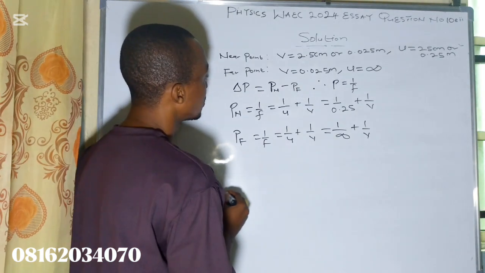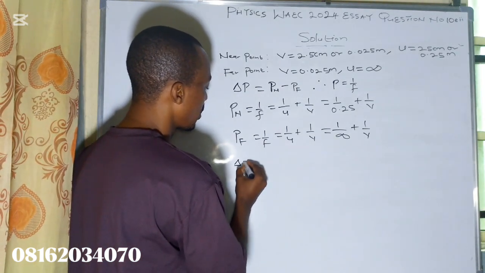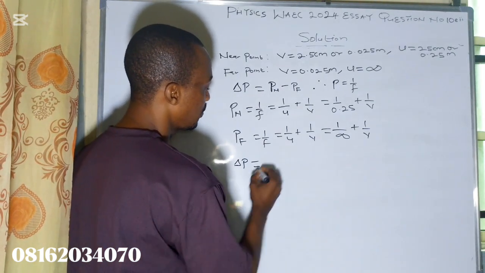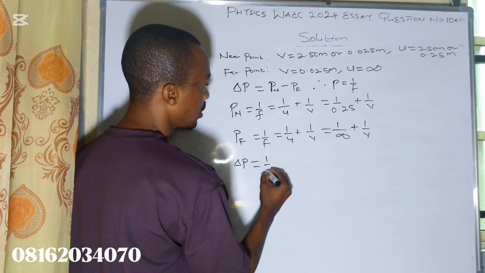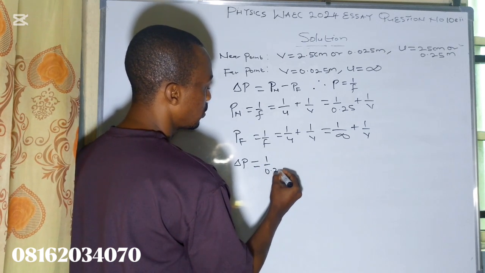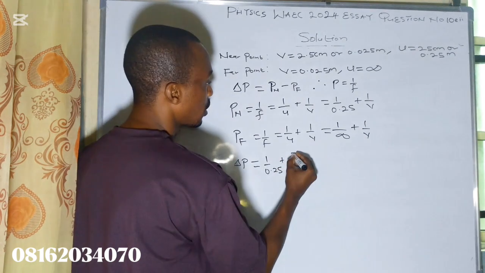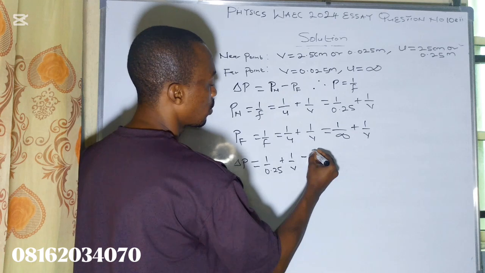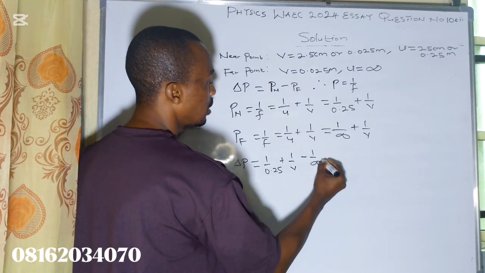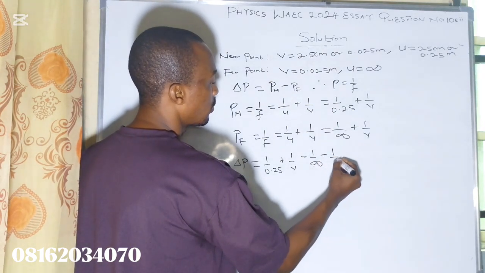So let's go ahead and determine the change in optical power. The change in optical power will be 1 over 0.25 plus 1 over v, minus 1 over infinity, and then minus 1 over v.